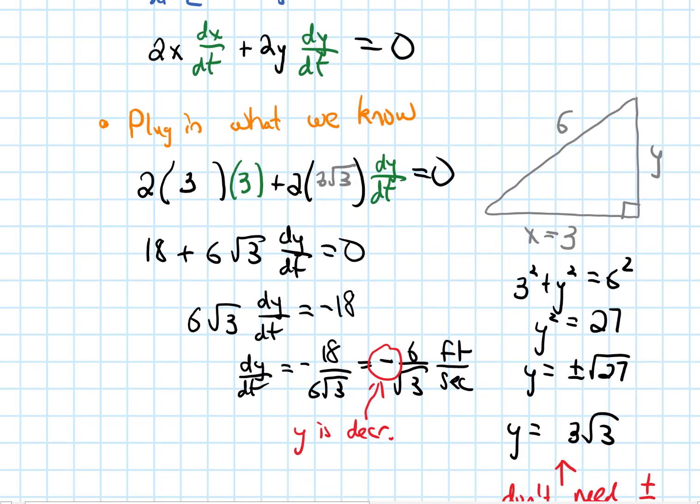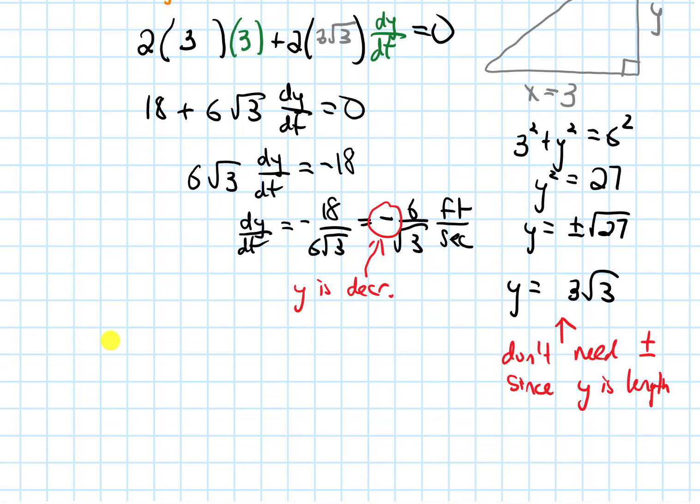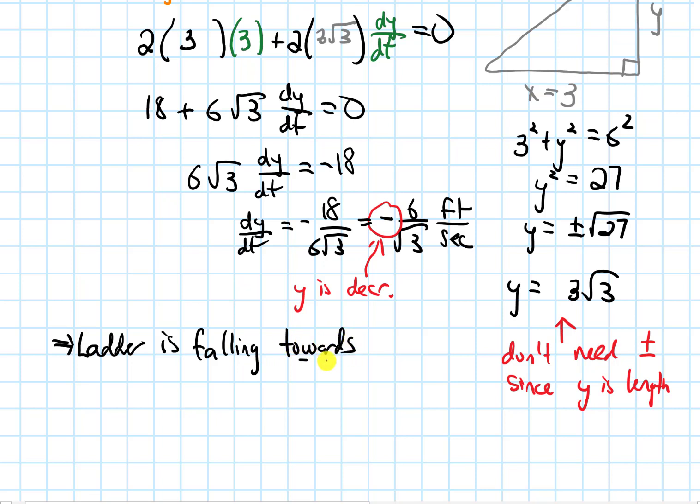So we need to adjust the value that we got to answer the question. I'll put an implication arrow and say, okay, the ladder is falling towards the ground at positive 6 over root 3 feet per second.